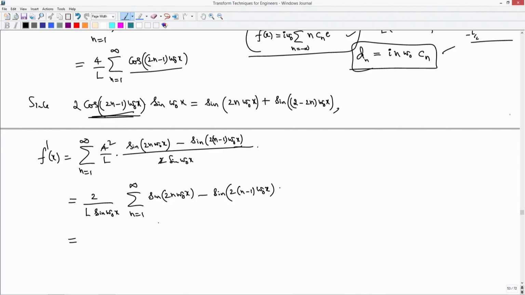So what is this one? Now you look at this sum, you take partial sums here, n from 1 to k, and limit k goes to infinity.